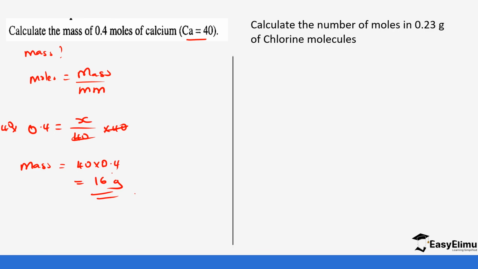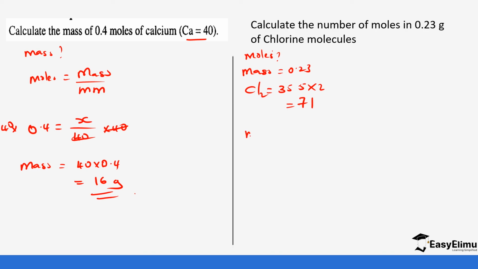Next, calculate the number of moles. In this case, you have been asked the moles in 0.23 grams of chlorine molecule. So you've been given the mass, 0.23. And for chlorine, we said the atomic mass is 35.5. If there are 2, you multiply by 2 or add 2, you get 71.